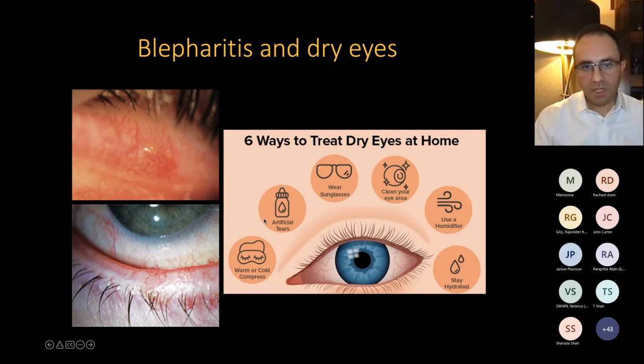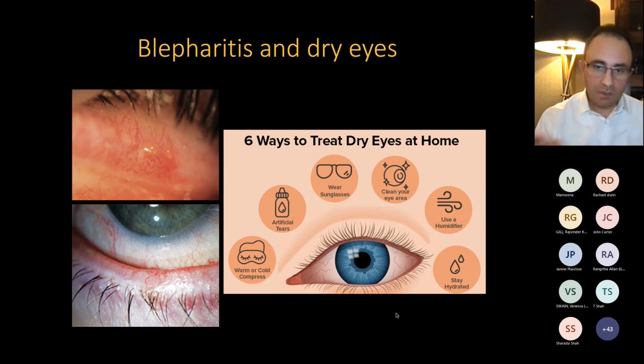Artificial tears are always very helpful, and please consider preservative-free artificial tears, because if you consider the preserved version, you are increasing the inflammation in the eye, and that's not going to be helpful. So artificial tears have to be preservative-free. Sunglasses, clean eye, and use a humidifier. Stay hydrated. All these are obviously for mild dry eye or blepharitis.